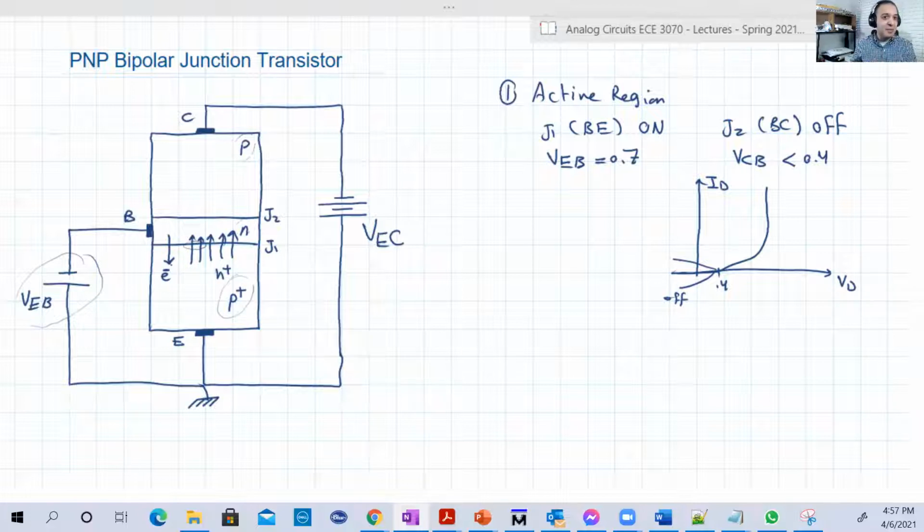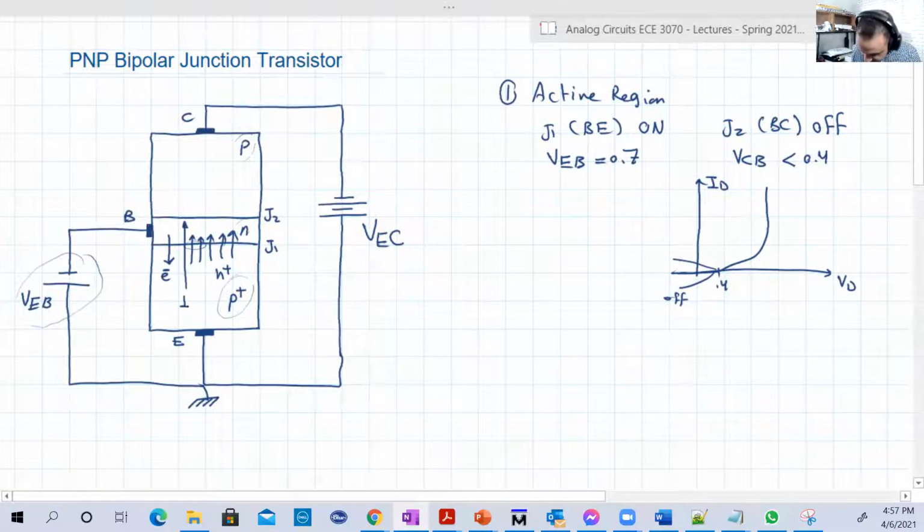This time, they are holes in the emitter and electrons in the base. Remember, the current is opposite to the direction of the electrons and in the same direction as the holes. So there will be a current in that way due to the holes, IH, and another current in that way, IN or IE, whatever you call it. Look, it is opposite to the direction of the motion of the electrons.